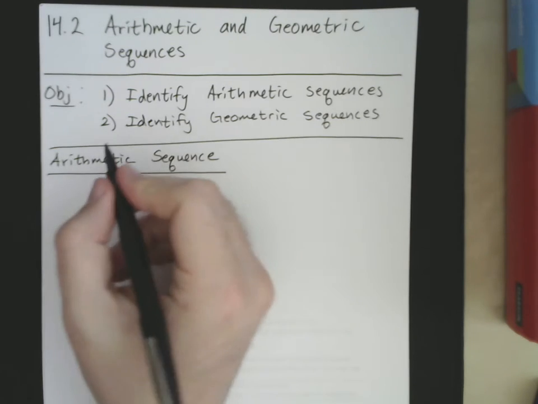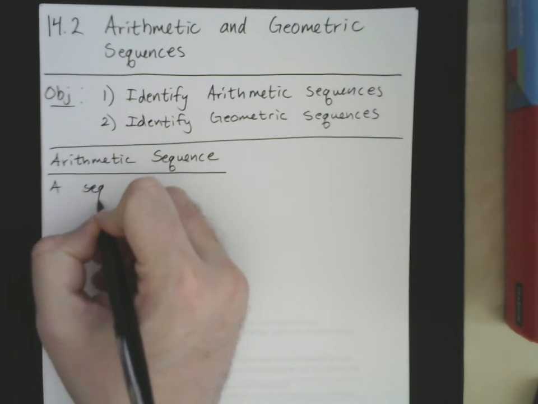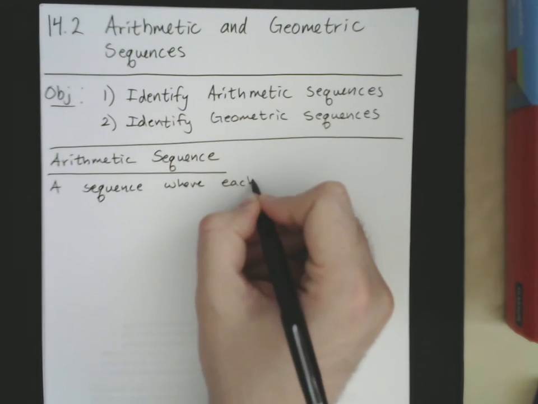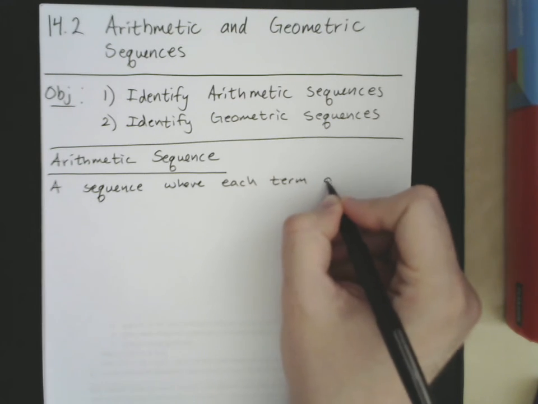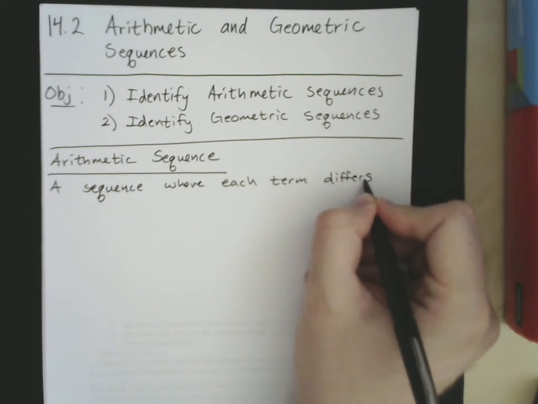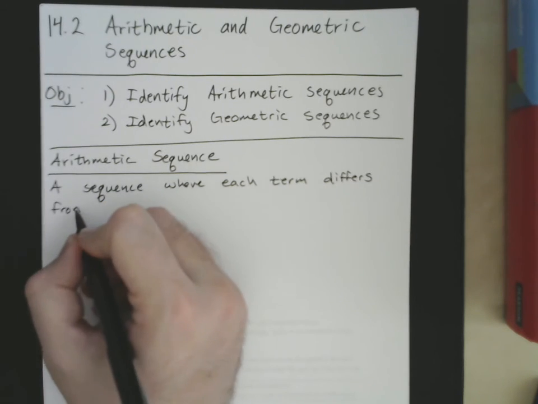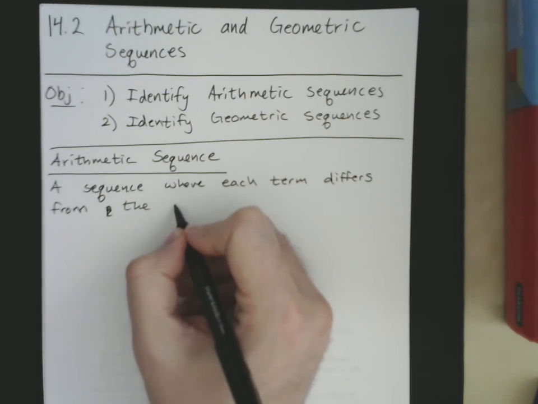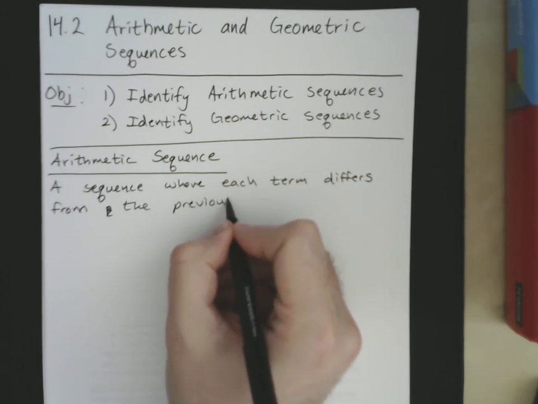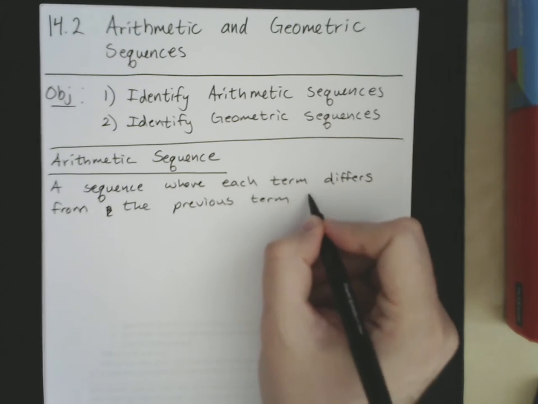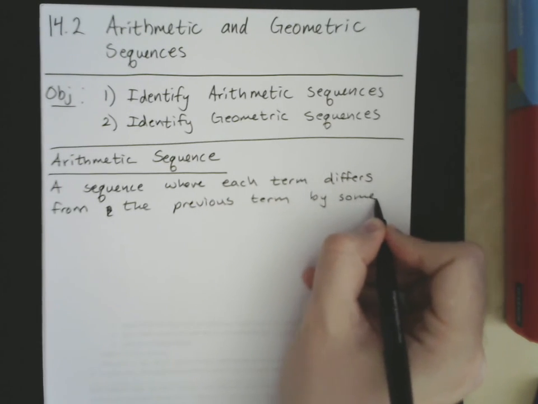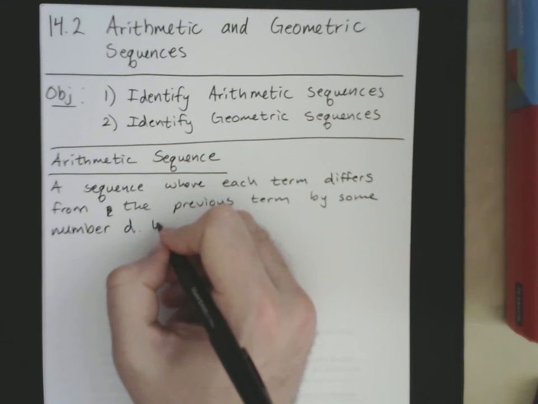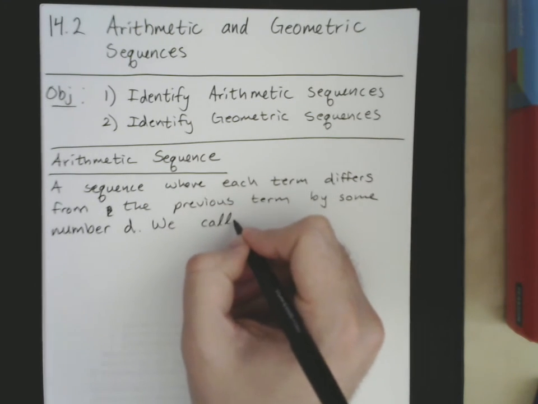So an arithmetic sequence is a sequence where each term differs from the previous term by some number d. We call d the common difference.